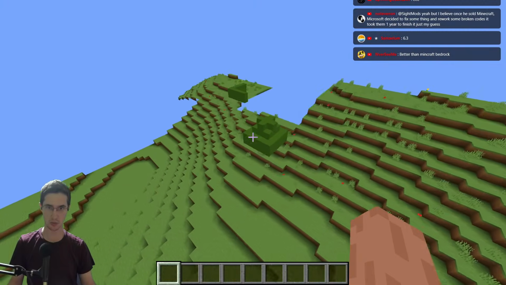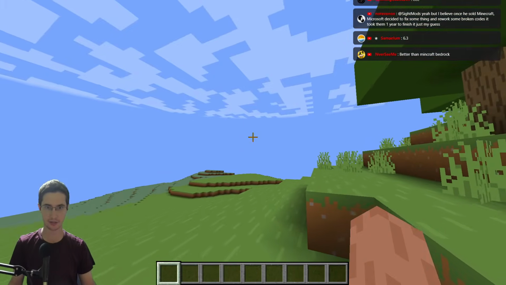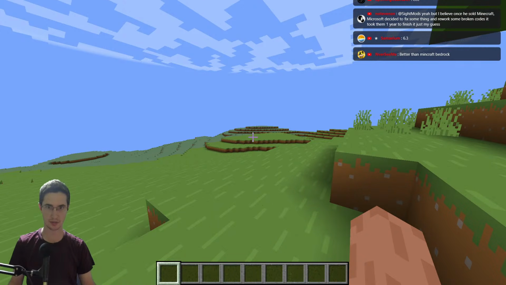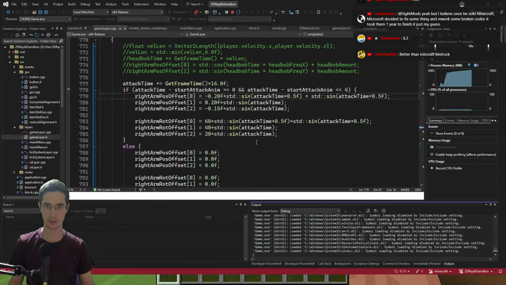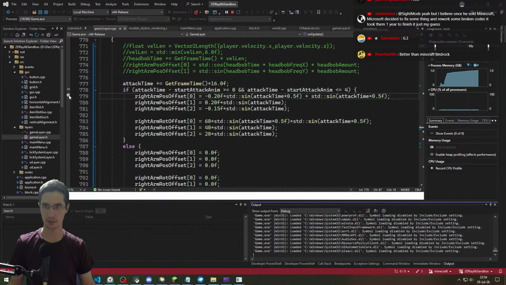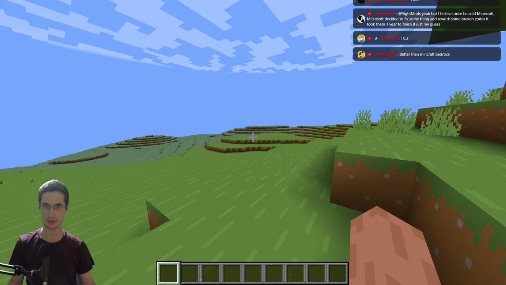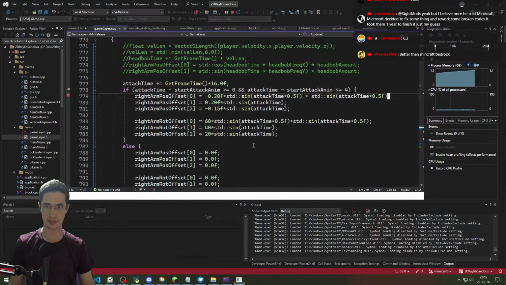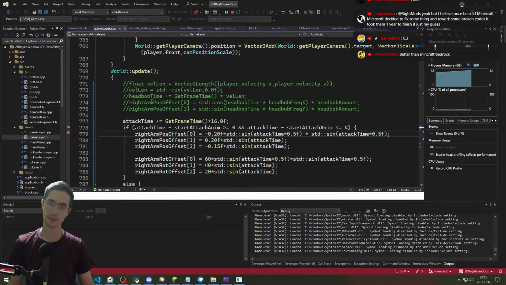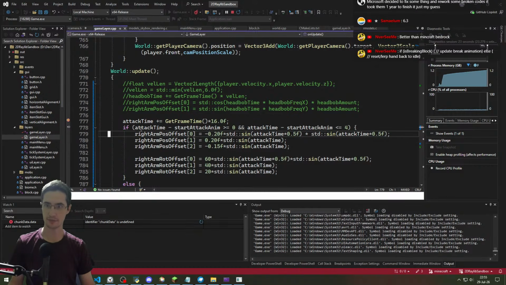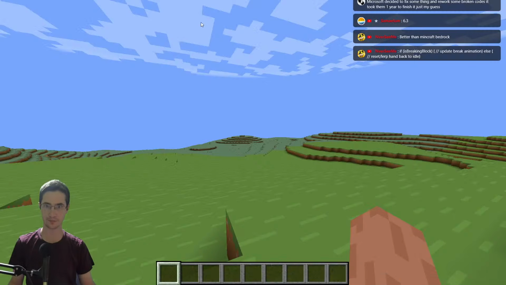So now we don't have animation and we left click. Nothing happens. Let's put a breakpoint. It doesn't enter at that stage. Start attack animation is always 0. Oh, because we're not removing a block.